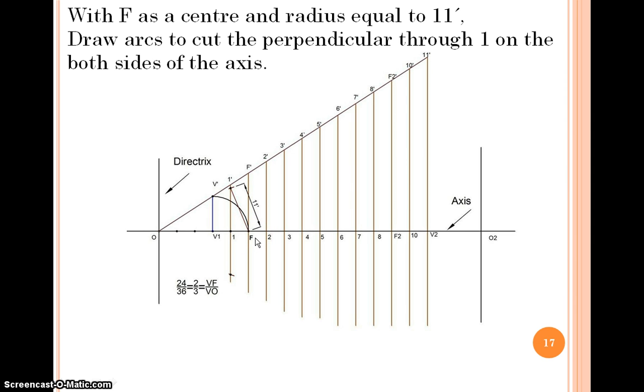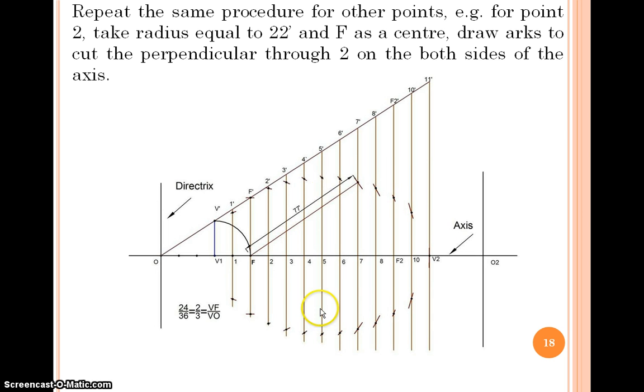In the same way, you can take the distance from 2 to 2 dash, keep the point on F, and mark points on 2 dash on both sides of the axis.